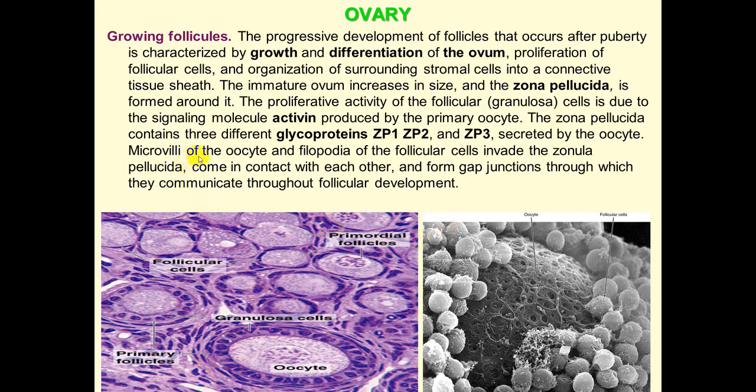Zona pellucida contains three different glycoproteins, ZP1, ZP2, and ZP3, which are secreted by the oocyte. Microvilli of the oocyte and filopodia of the follicular cell invade the zona pellucida, come in contact with each other, and form gap junctions through which they communicate throughout follicular development.